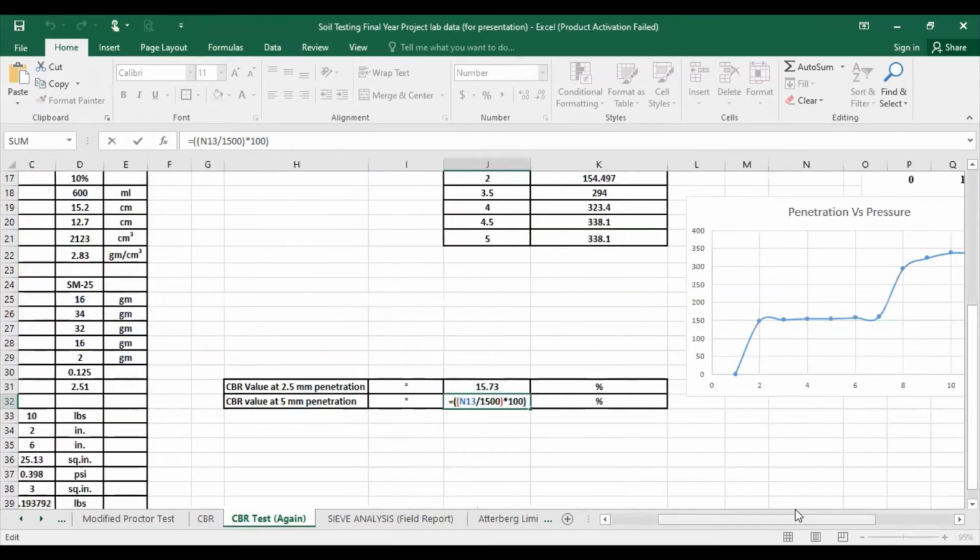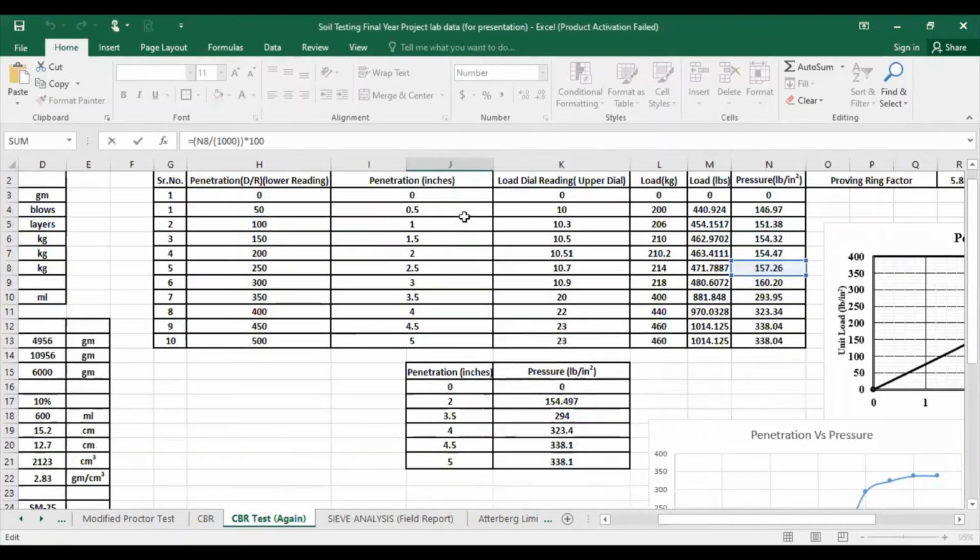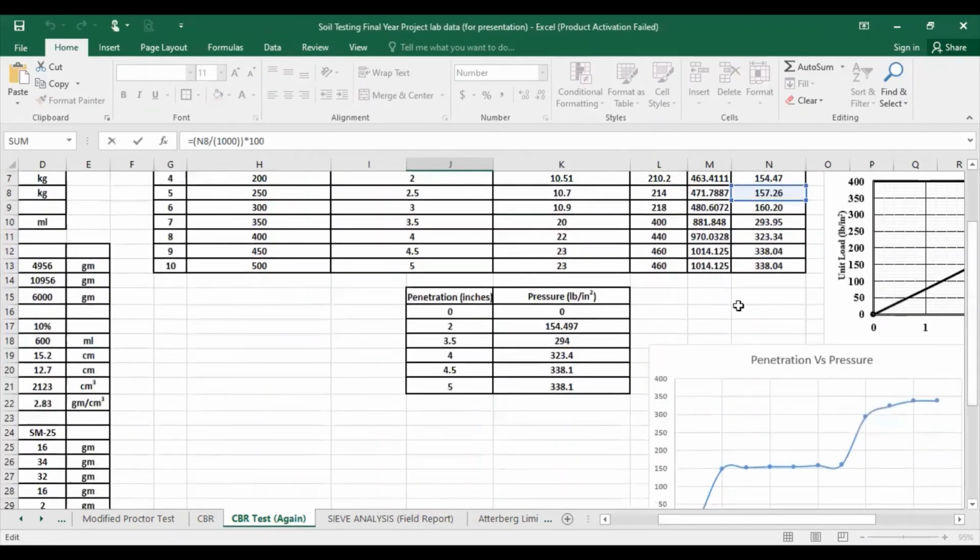So what we have to do here is take the reading in penetration at 2.5 or 5. At 2.5 you got this reading, and at 5 you got this reading.